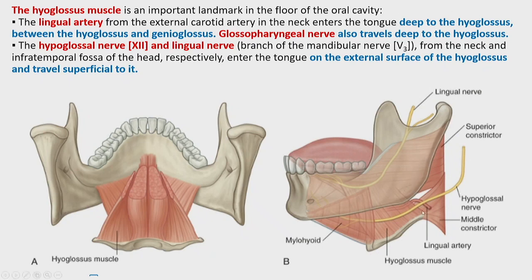The two nerves, the hypoglossal nerve and the lingual nerve, are passing on the external surface of the hyoglossus. This is a very important topographical relationship of these structures when you are operating in this area. So you have to know whether the nerve is passing external to the hyoglossus or internal to the hyoglossus muscle.